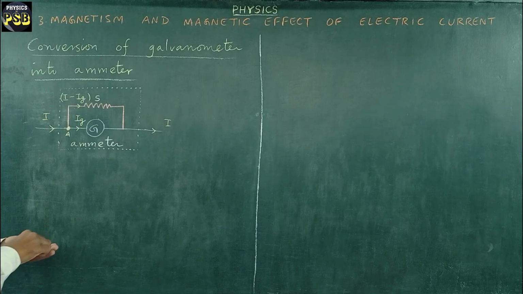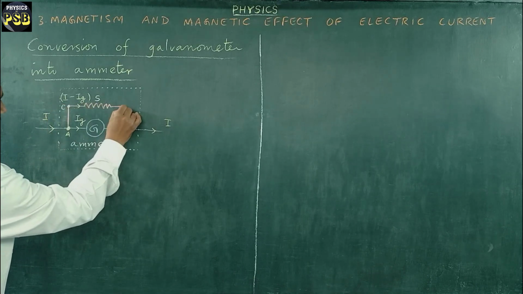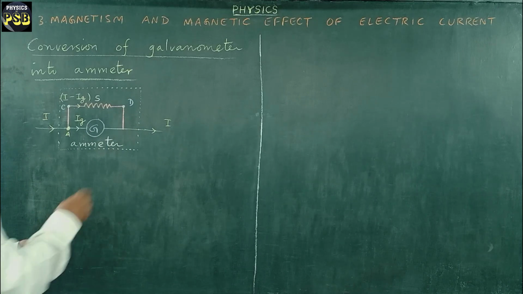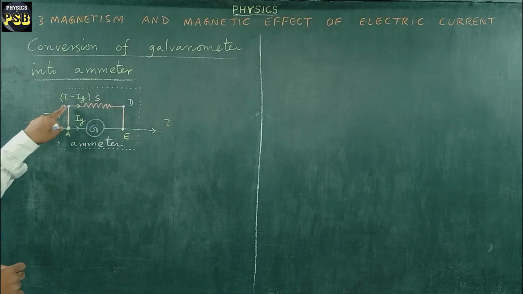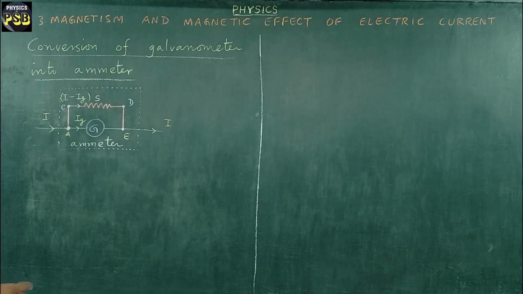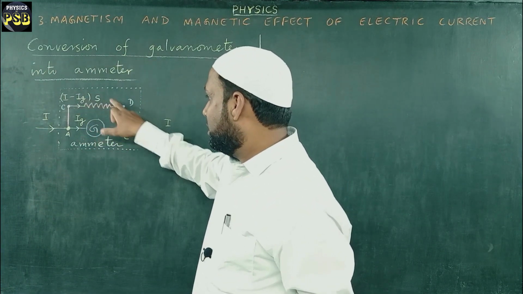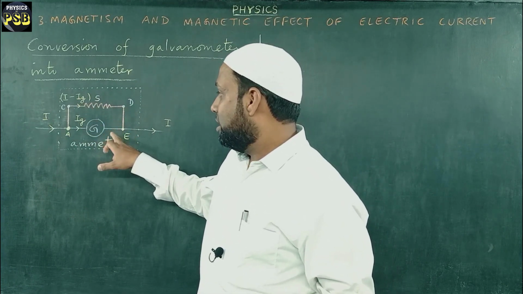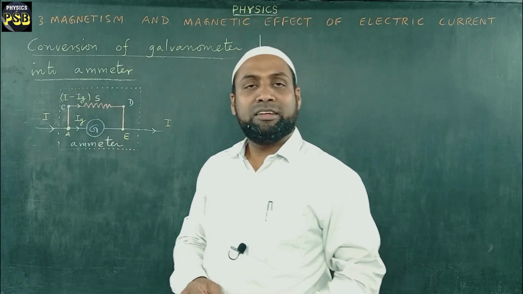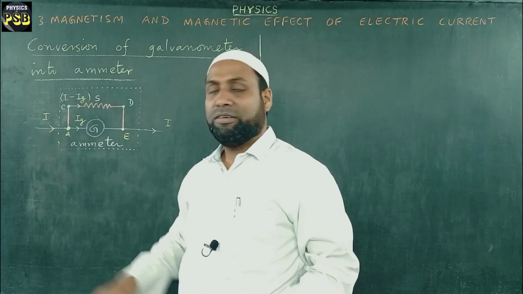It flows through the path A, C, D, then reaches point E, through the shunt resistance S. Here, the resistance offered by this resistor is 2 ohm, such that the ammeter that we have obtained can provide low resistance to the flow of current.